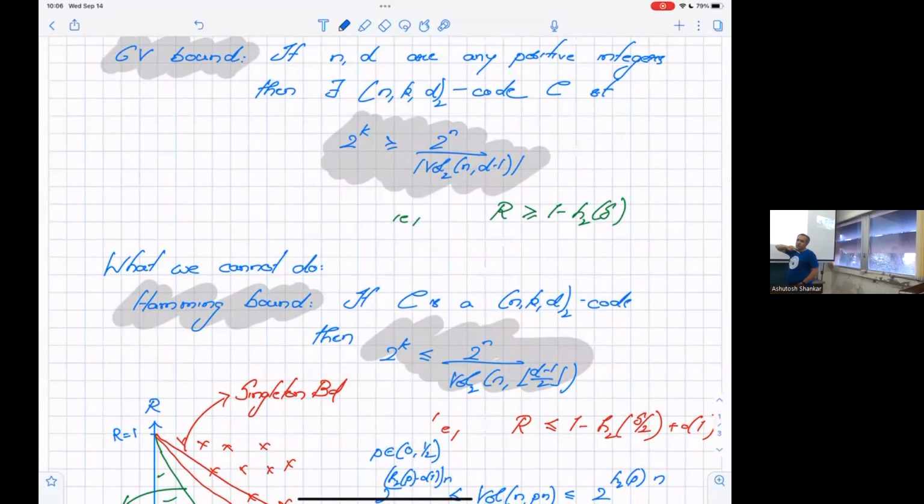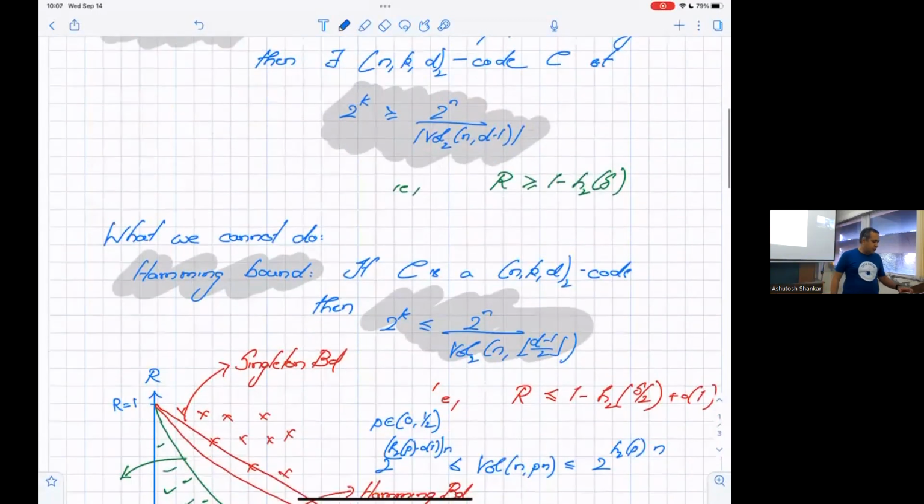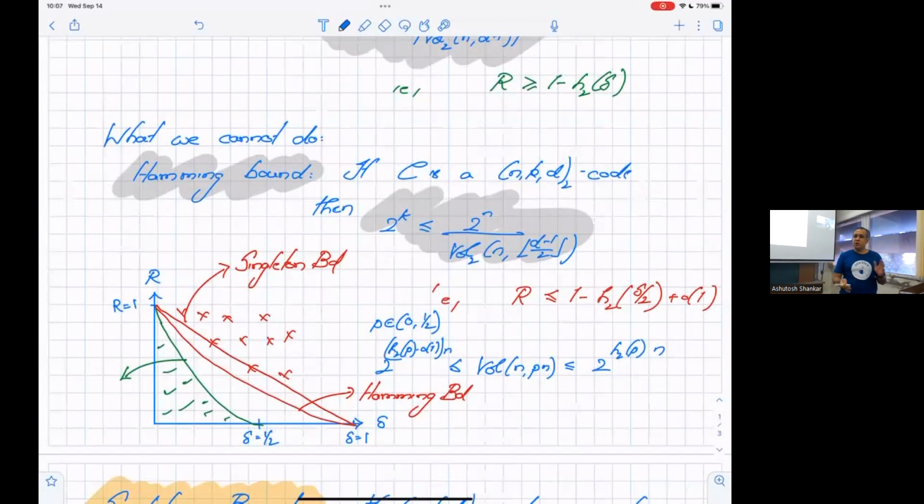But I don't know how to compare this against the line, because when I draw this curve itself, I'm already assuming q is a fixed quantity and doing some approximation with q being fixed. So we are talking about growing q's, and I have to be a little careful.